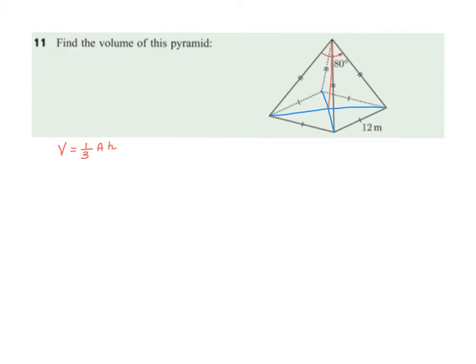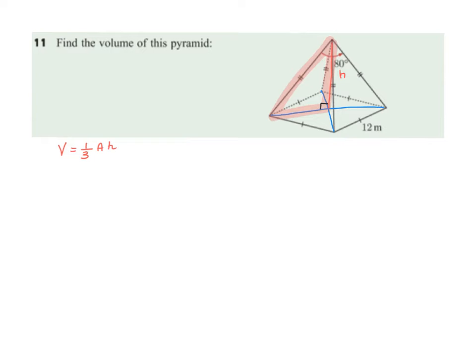So we've got, see if this highlighter is going to cause any problems. We've got this triangle right here that I've highlighted in red, where that's the height. We also know that we have a right angle here.